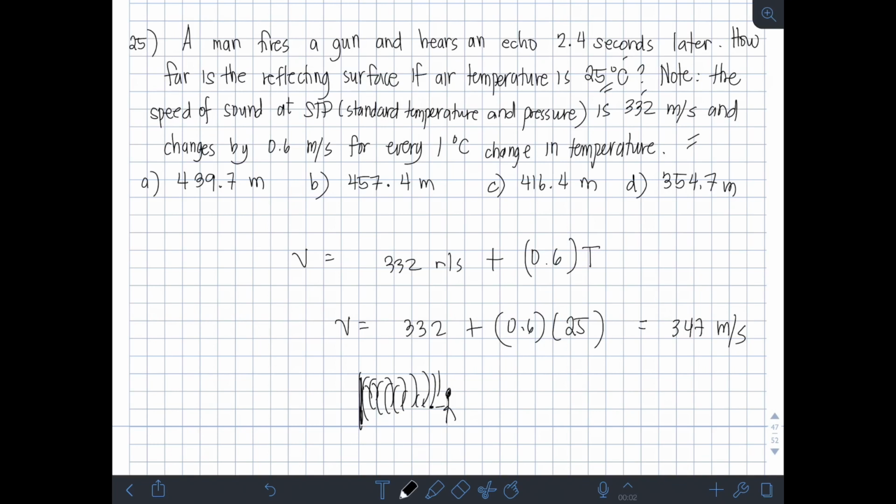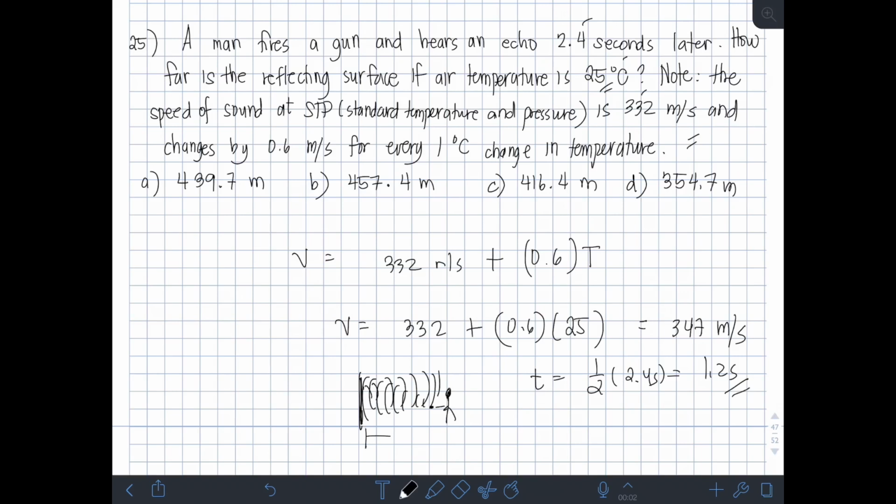Therefore, yung total time na tinravel nung sound from the person to the reflecting surface is kalahati lang, right? Nung total time na 2.4 seconds. So, time is 1/2 of 2.4 seconds. Ilan to? 1.2 seconds.